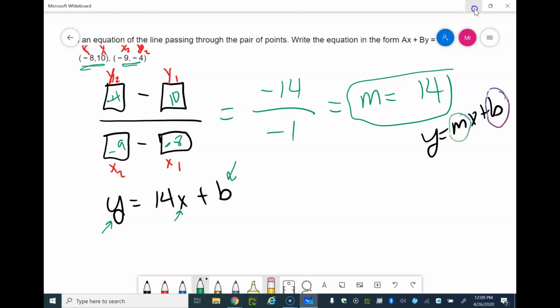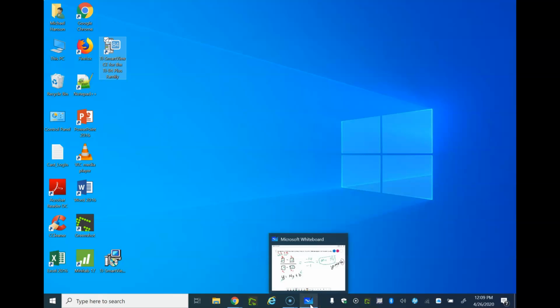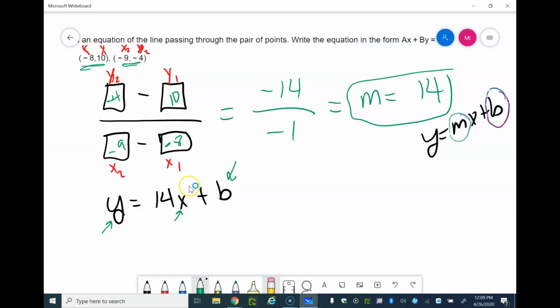Since we have our calculator, it doesn't matter if you have big numbers or small numbers in the problem. So while the calculator is loaded, let me go ahead and just finish up putting in the problem. I'm going to go ahead and choose the first one. Y is supposed to be 10, so 10 is equal to 14 times negative 8 plus b.